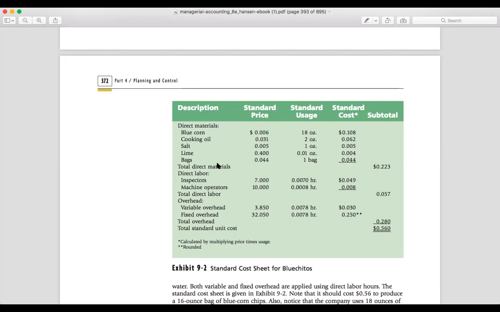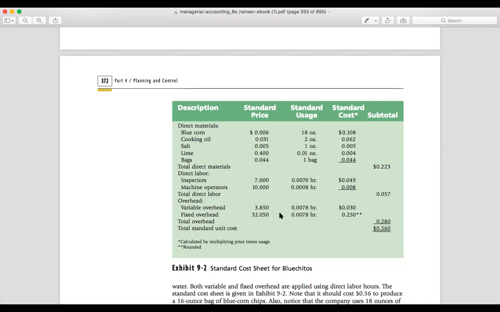So the variable overhead would be including gas, electricity, and water. So both the variable and fixed overhead are applied using the direct labor hours. So this is things having see that.